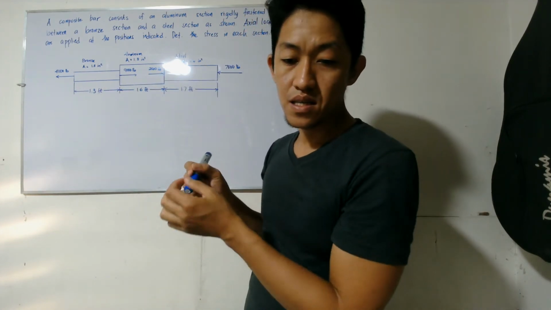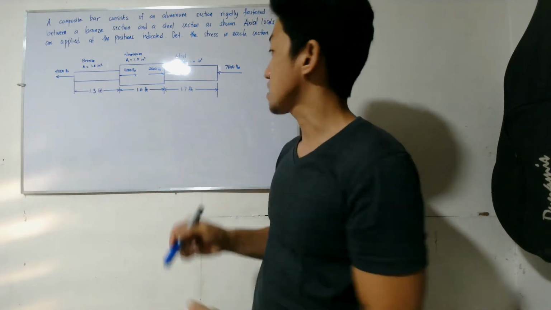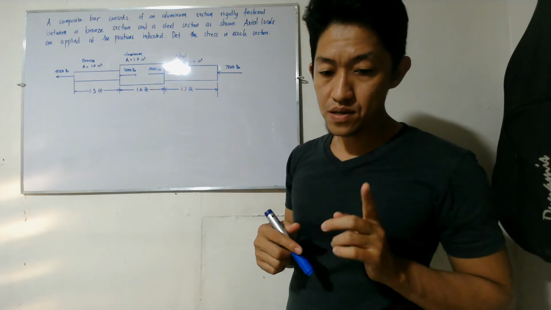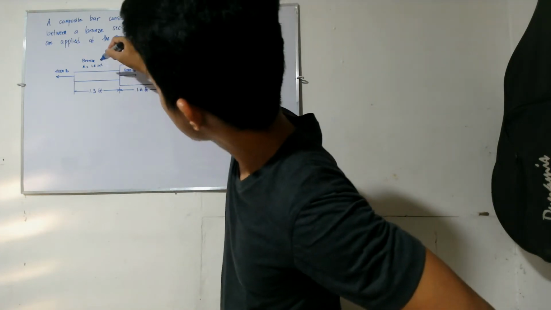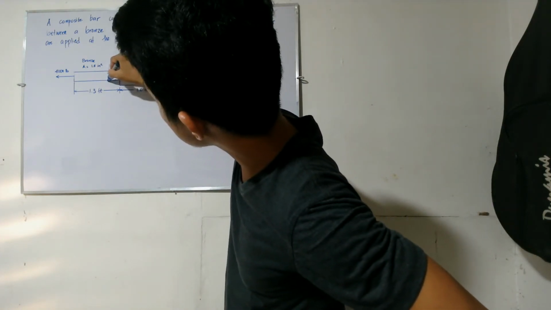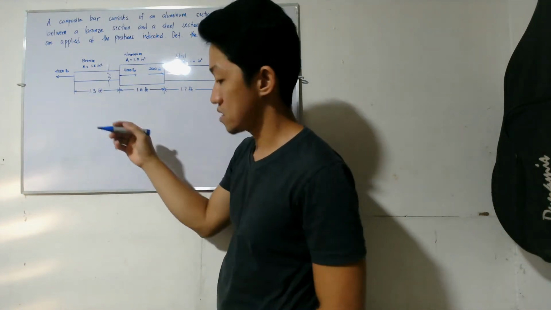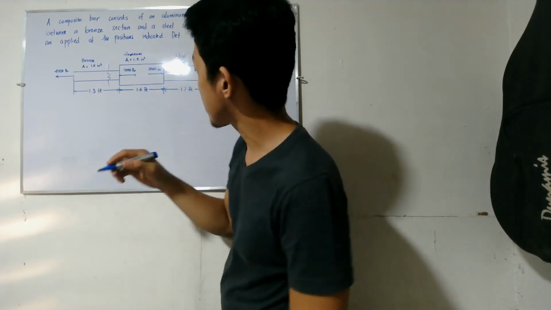So these just cancel out each other. First, we need to cut a certain section in this bar. So we will have this free body diagram.